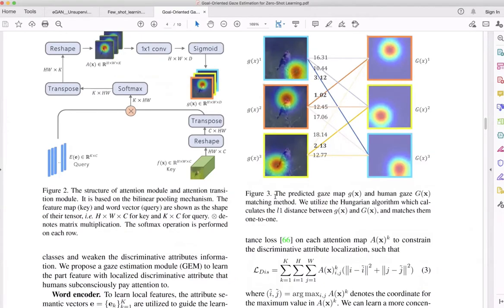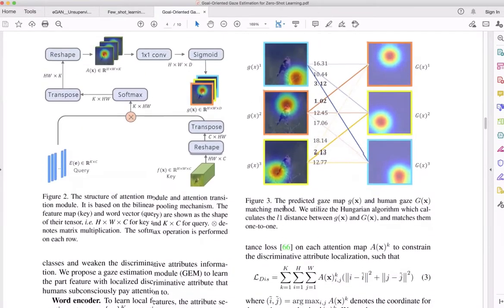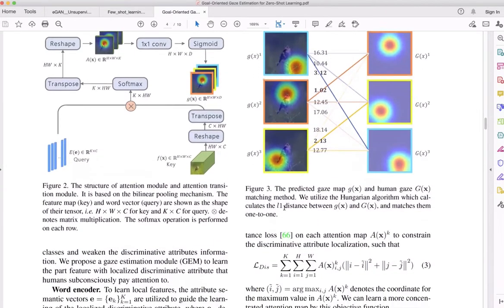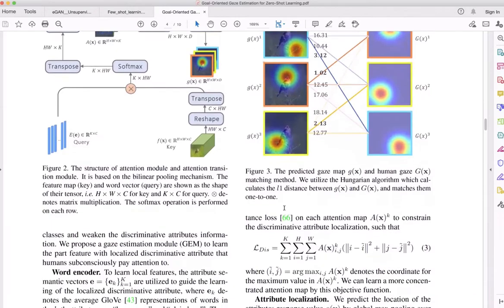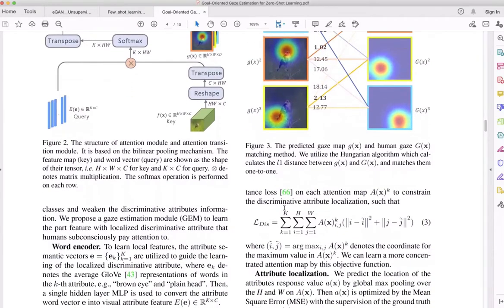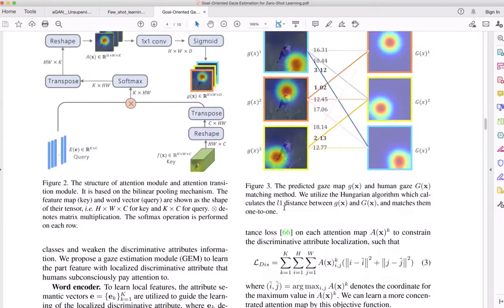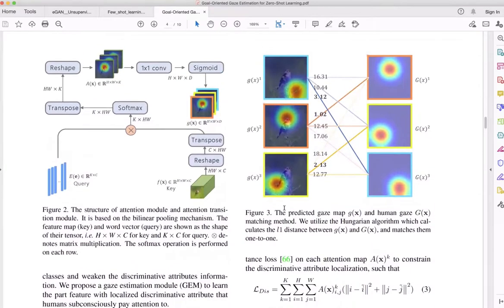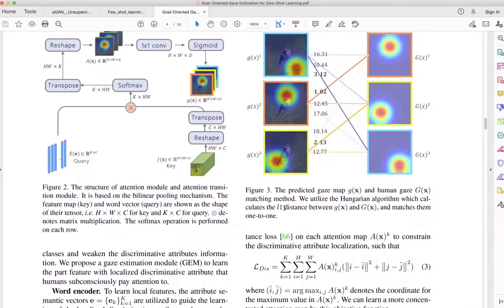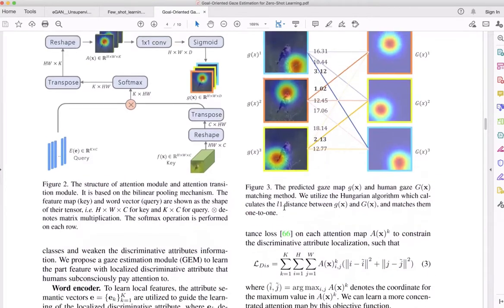So these are some of the modules that make up the entire architecture. One interesting thing is that these modules are optimized simultaneously, which makes it possible to train this from end to end without needing to break.